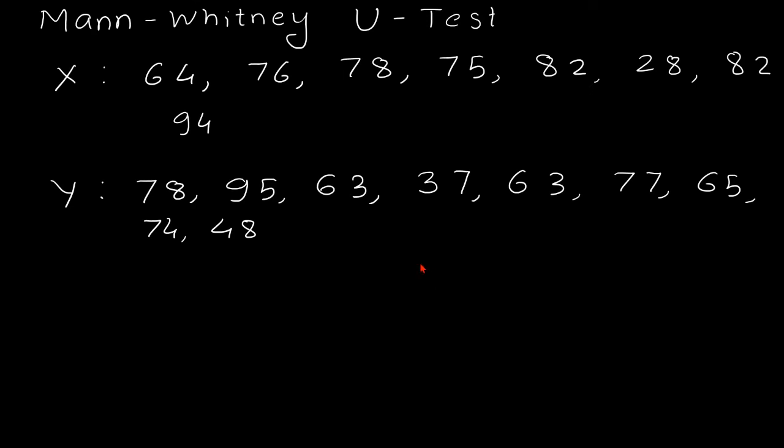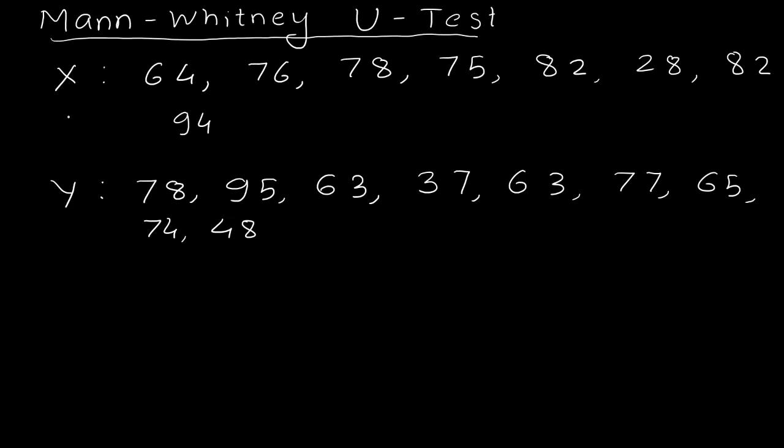Now how are we going to apply this Mann Whitney test, and what are we going to compare? See, my first hypothesis is that these two data are from the same population.